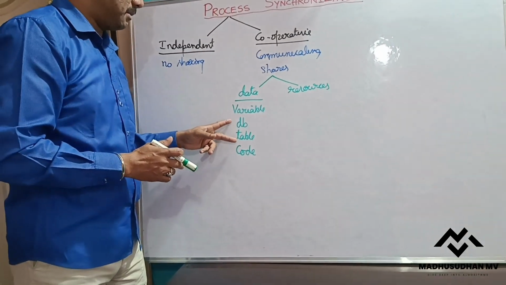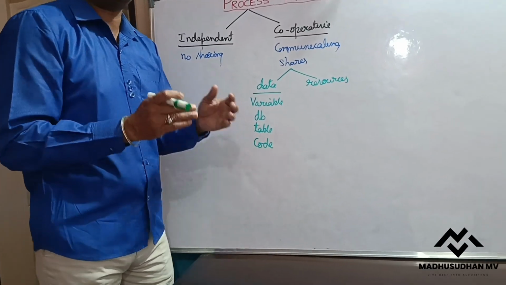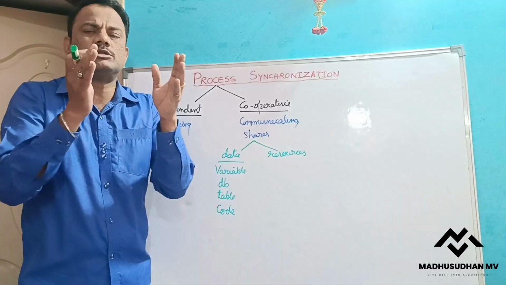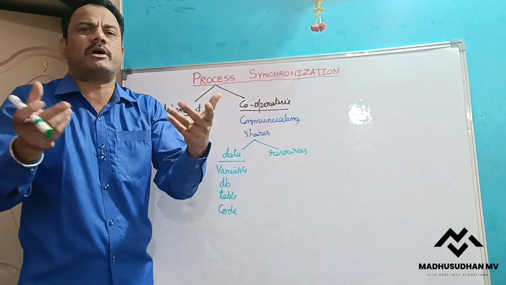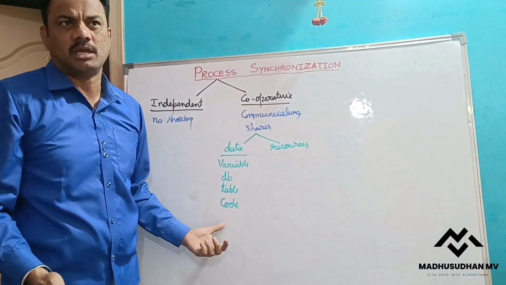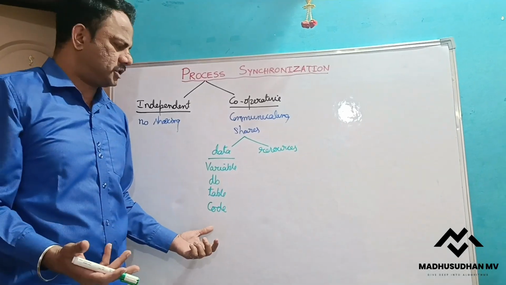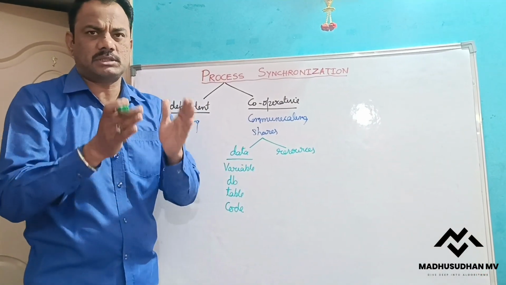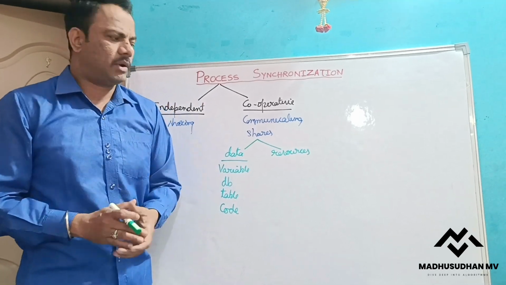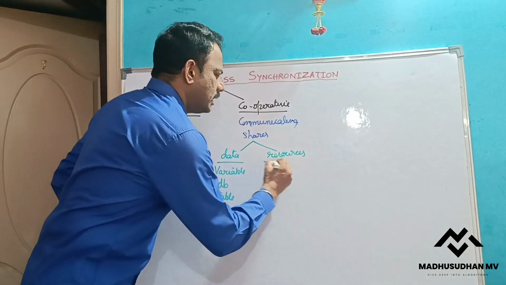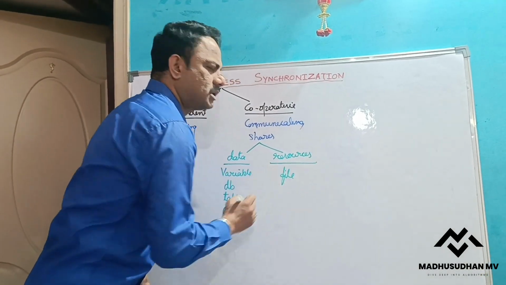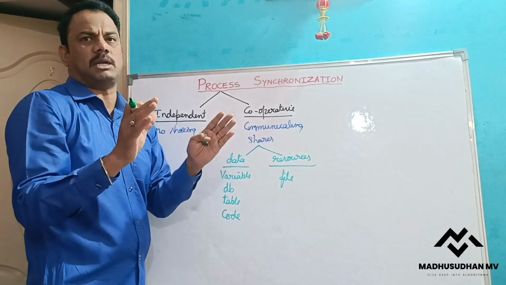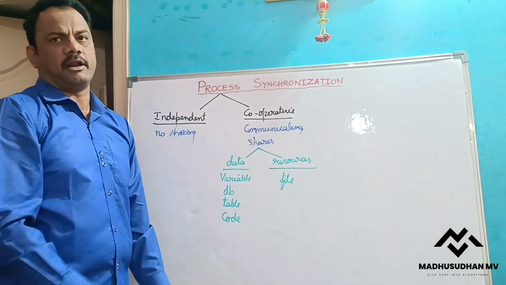Code can also be shared: the same code can be used by multiple processes at the same time, for example mathematical functions or standard input-output functions. So the code can be reused, meaning it can be shared among multiple processes. Resources means, for example, a file can be shared among multiple processes. A particular file will be used by all the programs at the same time, for example the many header files we include.